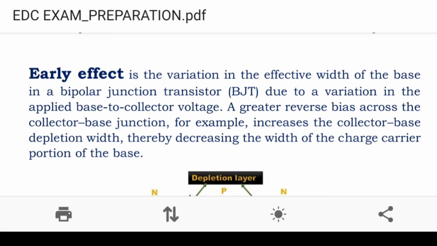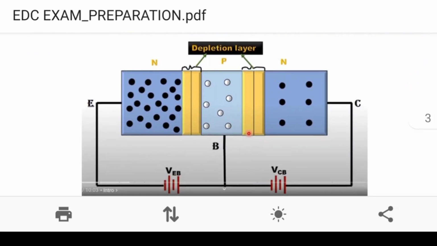The variation of the effective width of the base in a bipolar junction transistor due to variation in the applied base to collector voltage. That means reverse bias and forward bias. In reverse bias, if you increase the applied voltage, then the width of the base of the BJT will change. This is called early effect.